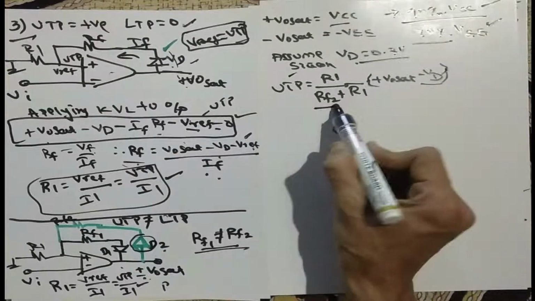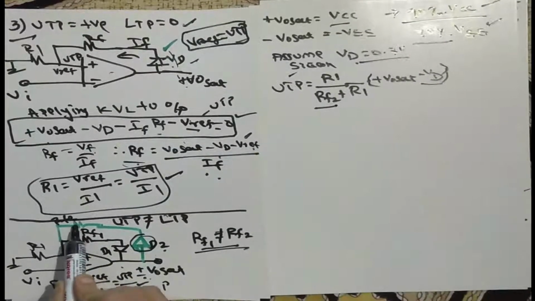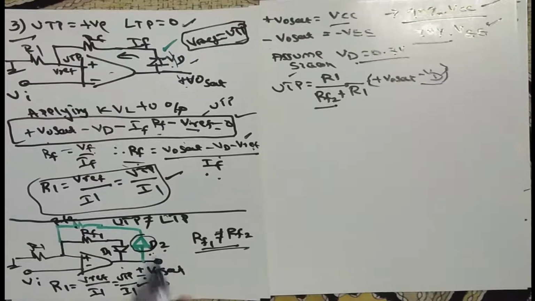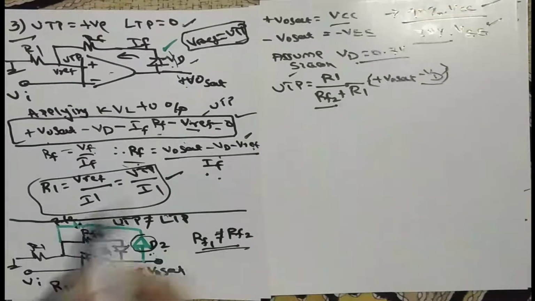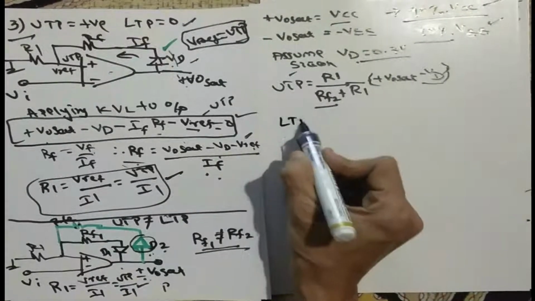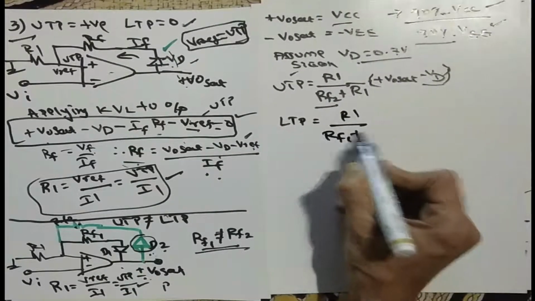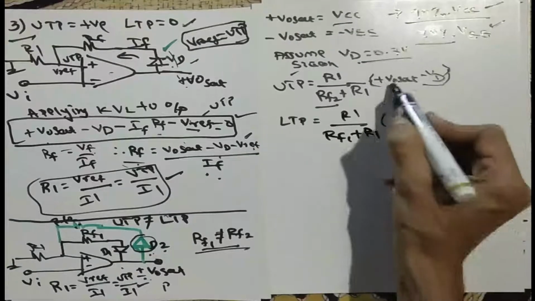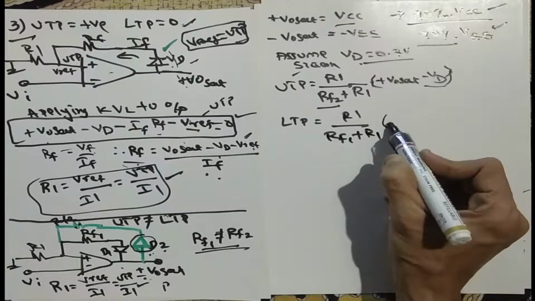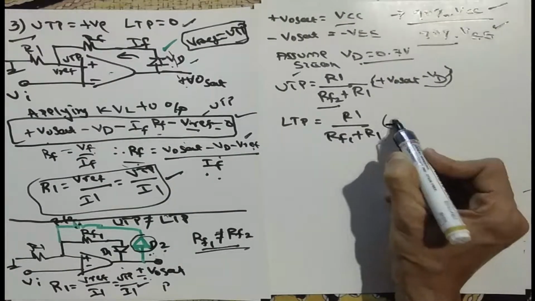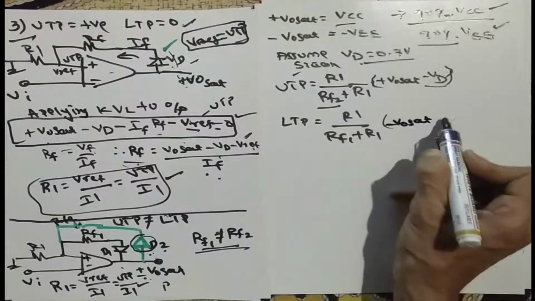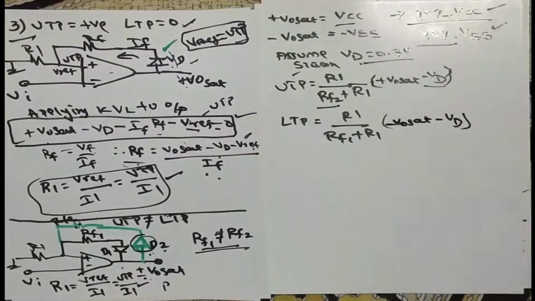RF2 is very important, because for UTP the diode is forward biased toward V0 and RF2. If you are taking LTP, everything is the same, only instead of RF2 take RF1 plus R1. You will get the same equation, but instead of plus V0 saturation you go with minus V0 saturation. That's it. And this also has minus VD. I hope you are following this.